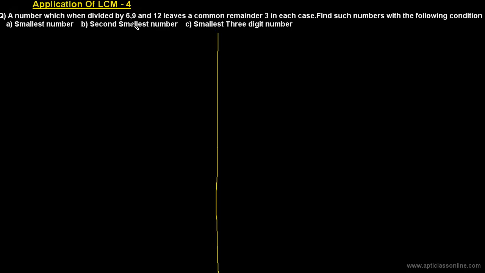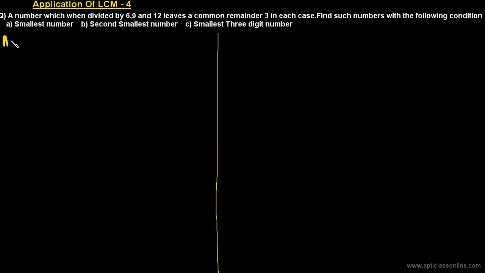That LCM and the multiples of that LCM will consist of all such numbers which are fully divisible by 6, 9 and 12. But here another thing is given: the number leaves a common remainder 3 in each case.